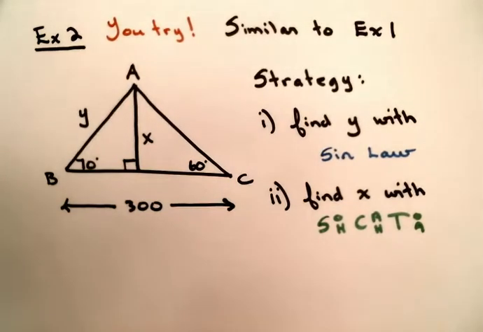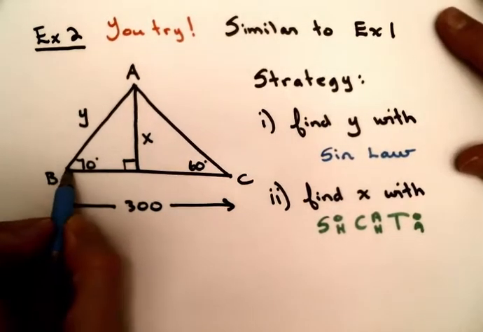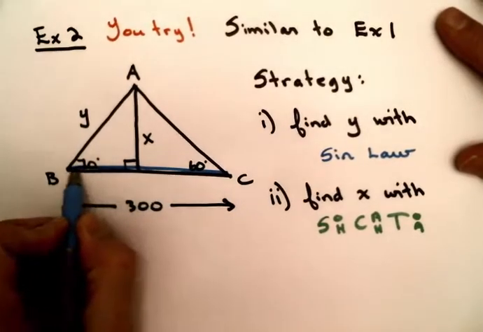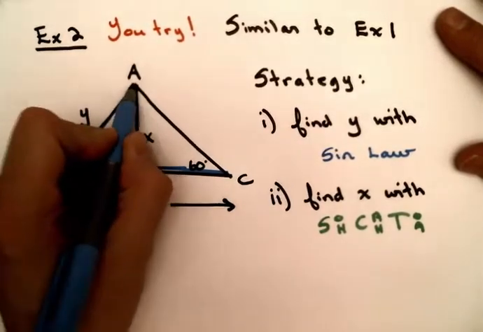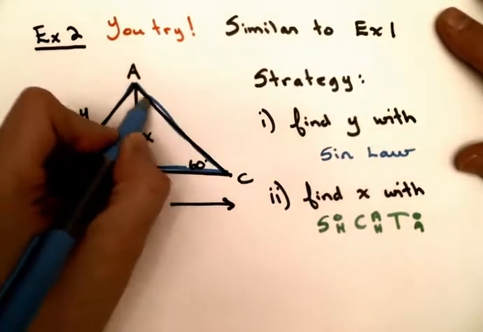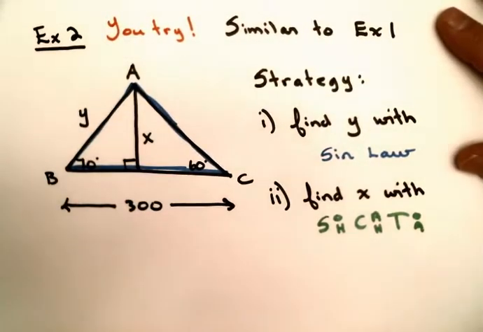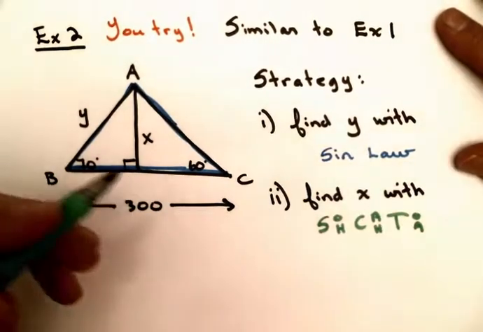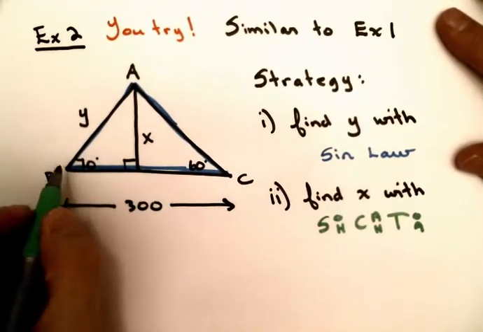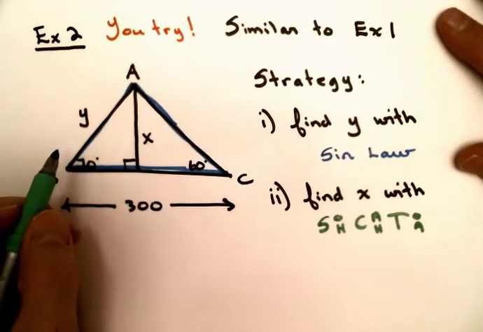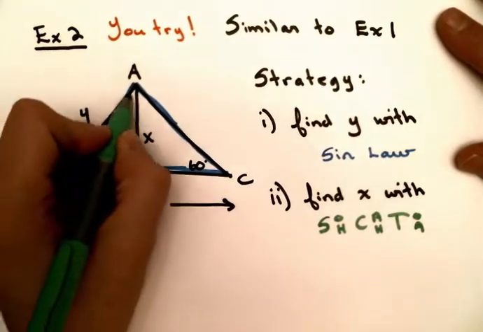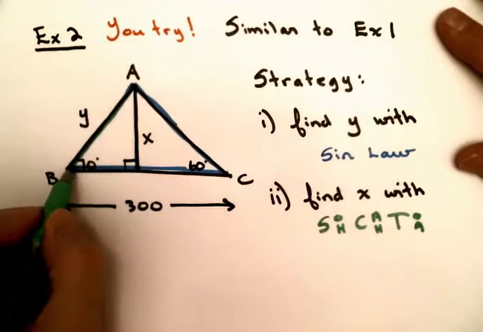Did you get it? Let me give you a few more hints. You'll use sine law on this blue triangle to come up with y. And once you've done that, you'll use SOHCAHTOA on this triangle here, the green one.